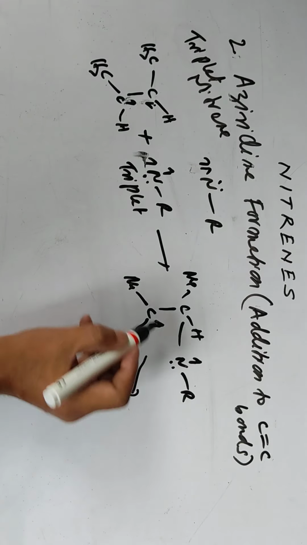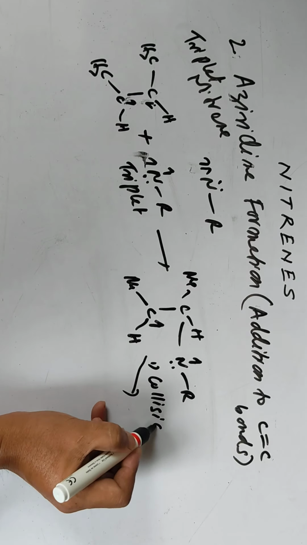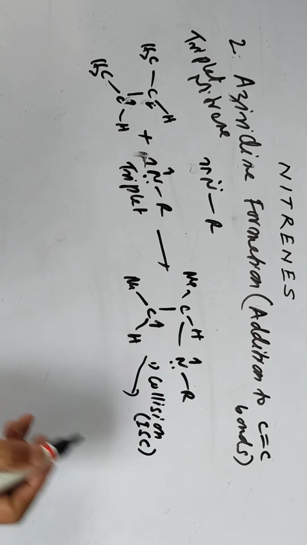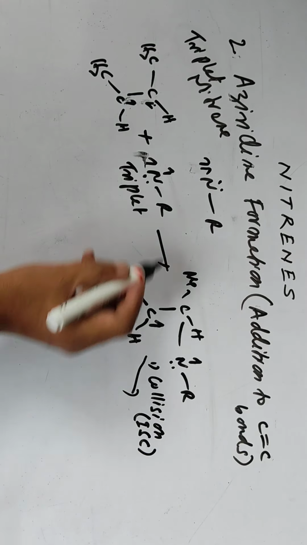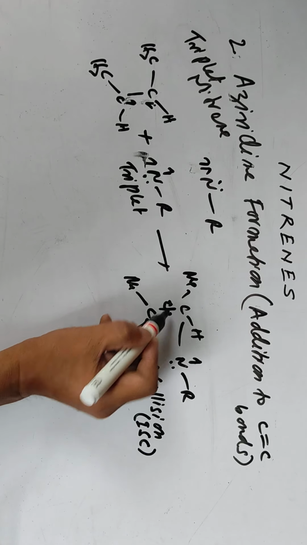Now this compound can undergo some type of rotations or collisions. Collisions take place, so intersystem crossing, by photolysis or by heating. Some rotation of the ring bond takes place.